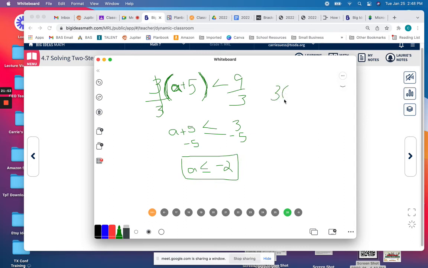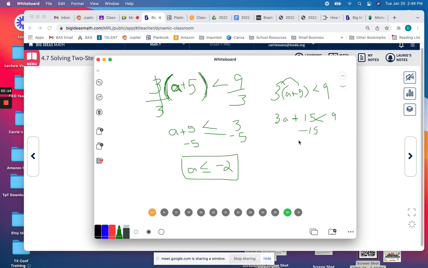If I did it the other way, where I have a plus 5, and I distribute, you're going to see it becomes the same. Because I get 3a plus 15, right? Because I multiplied, less than 9. I subtract 15.